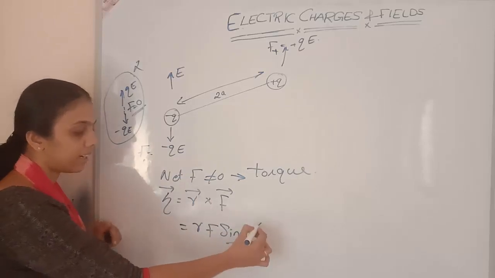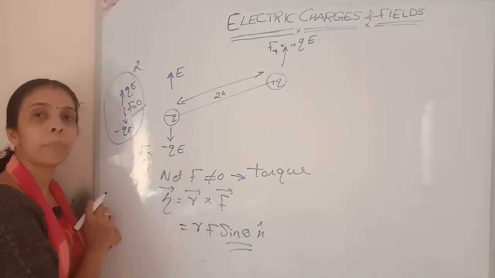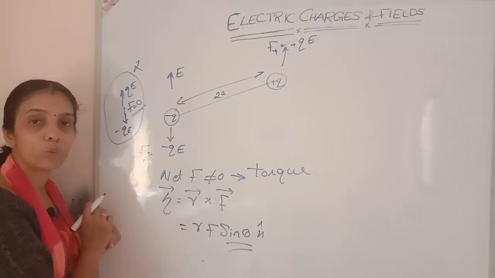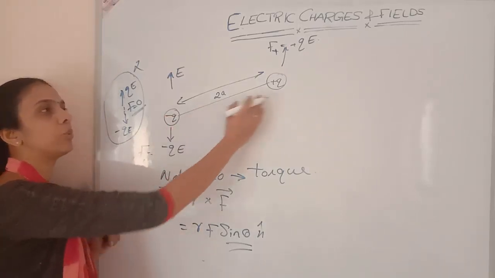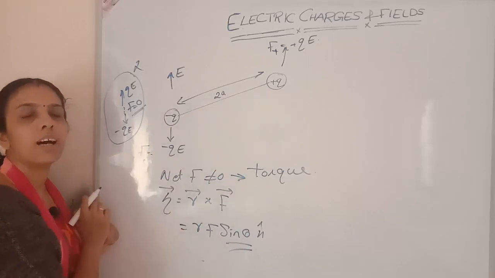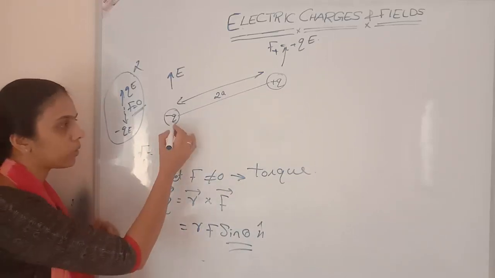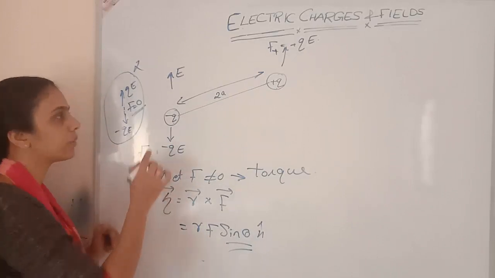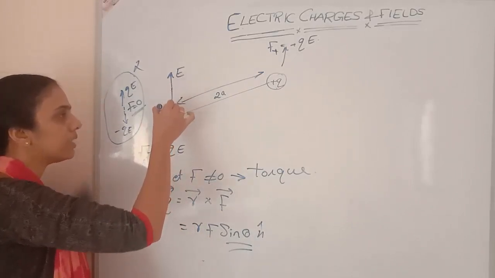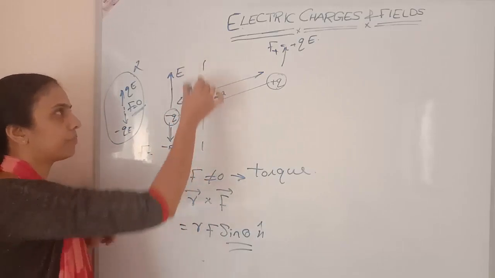And what is r here? It is the perpendicular distance between these two forces. That is called r.